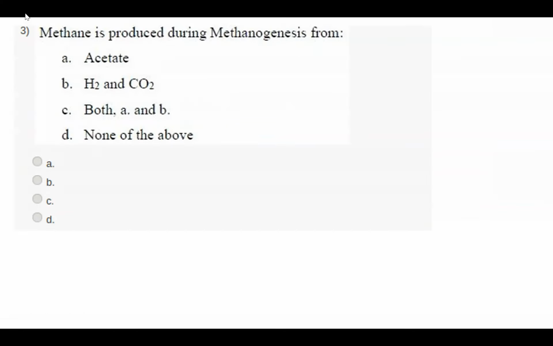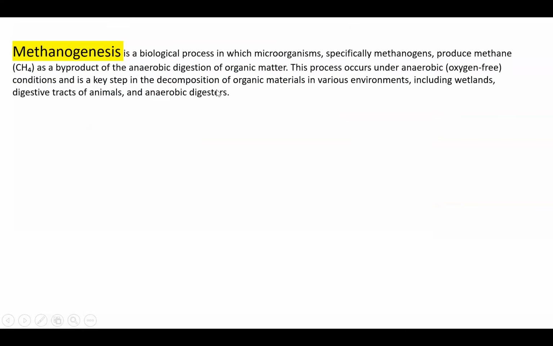Now, methane produced during methanogenesis is from which one? A, acetate. B, H2 and CO2. C, both A and B. D, none of the above. That is also what we have discussed. A, yes, right, acetate. So this you can read.